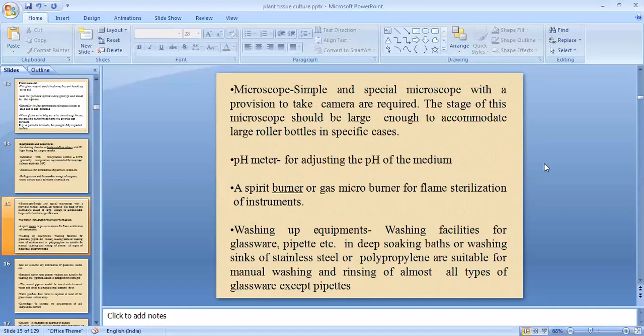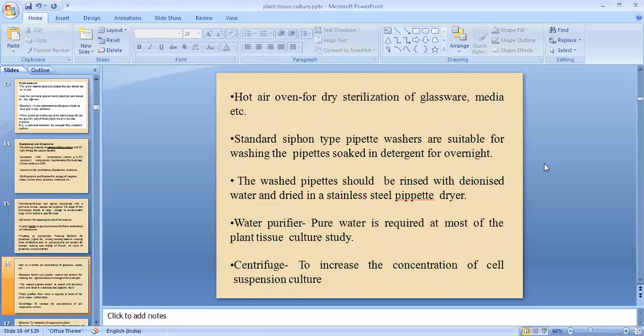The washing facilities for glassware and pipettes are usually done by soaking these apparatus in deep baths or washing sinks of stainless steel or polypropylene, provided to do the manual washing and rinsing.